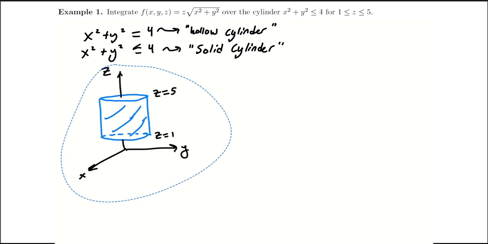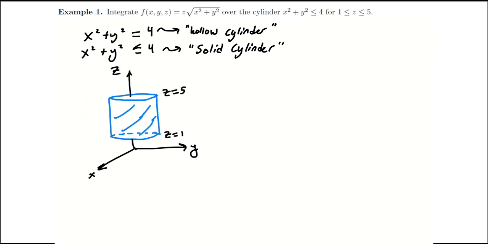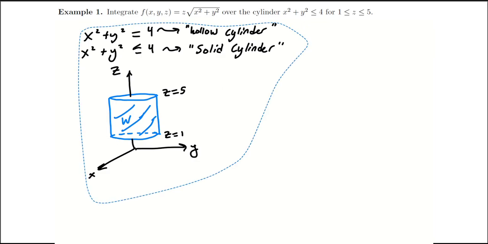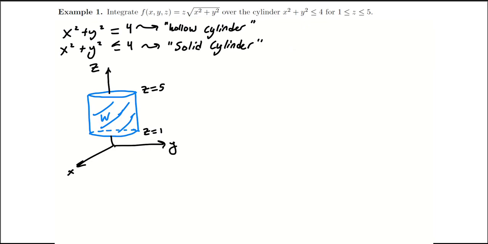And that solid region there is going to constitute our domain of integration. Let's just call it W. So our goal here is to find the triple integral over the solid region W of our function. That is what we have to compute.